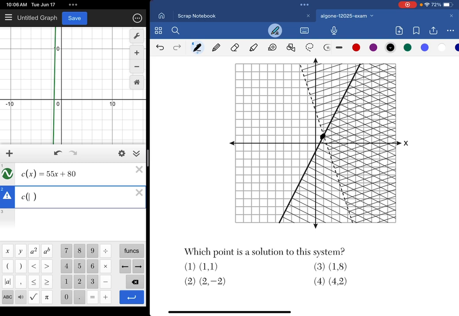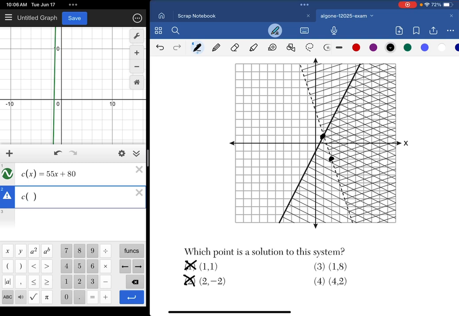That's on the dotted line, which means it's not included in the solution set for this line. So it would be included in the other one, but it's not included in the dotted line, all right? So that's out. 2, negative 2, same deal, falls on the dotted line, so that's out.